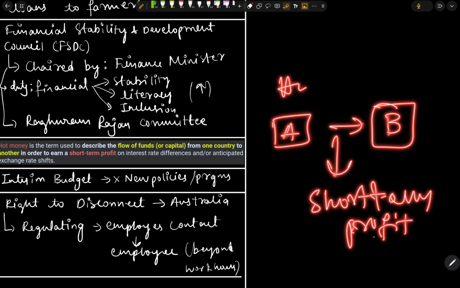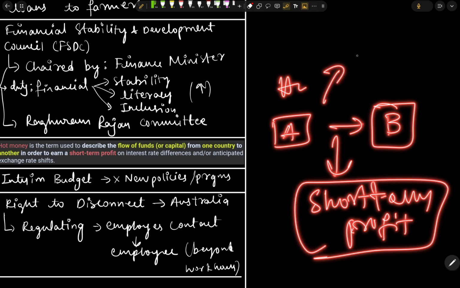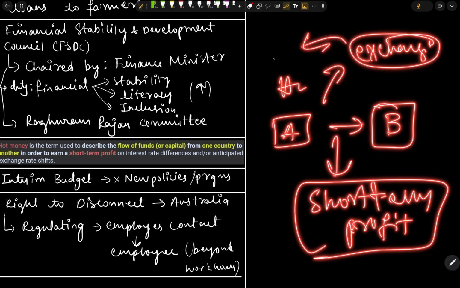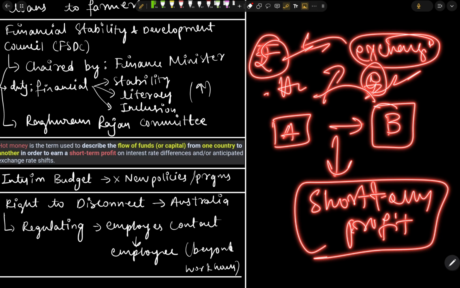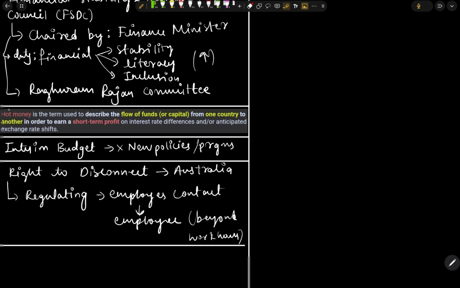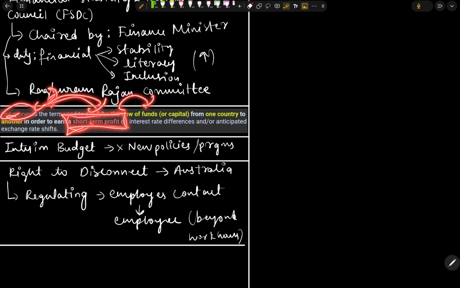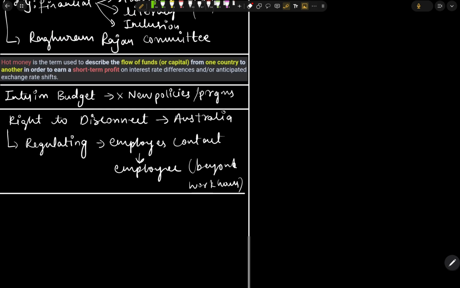They do this because of exchange rate differences. For example, if there is a chance of depreciation of the rupee, then investors in India think they will invest in the dollar so that they gain a higher amount and short term profit. That is known as hot money. So in this definition we need to remember the terms short term profit and flow of funds. These are the two key terms.